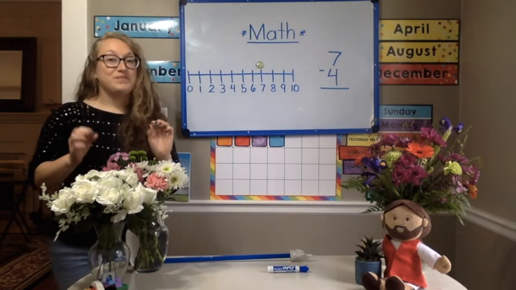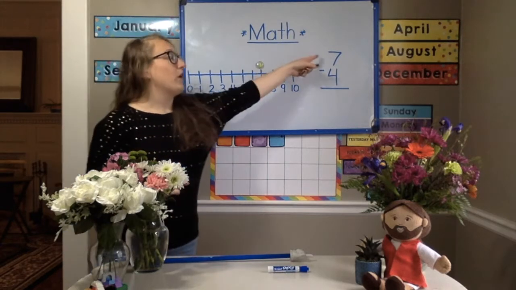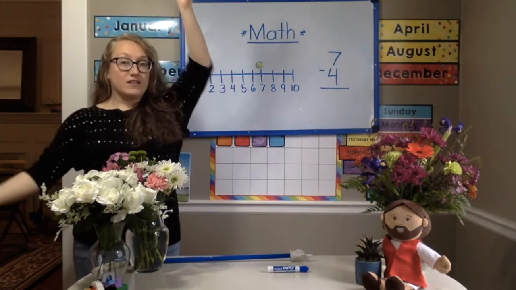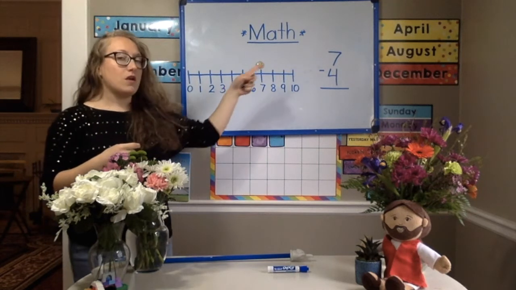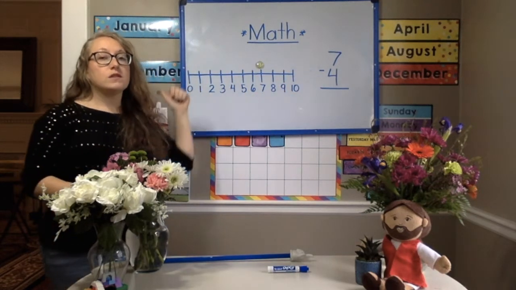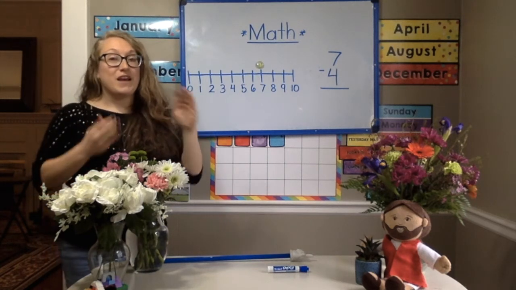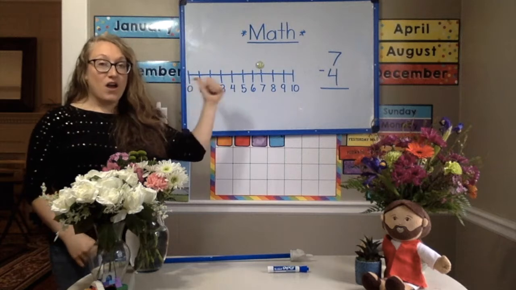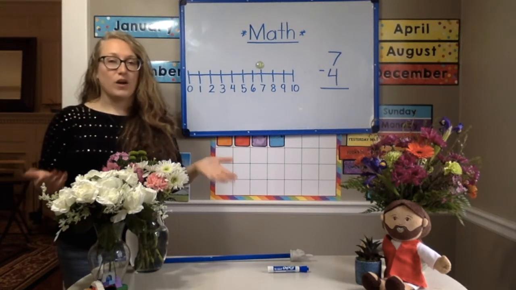Okay, kindergarten. Now, here's the tricky part. If we're taking 7 apart to make small numbers, do I want to hop toward the big numbers or toward the small numbers? If I'm subtracting and I want to make small numbers, I need to go toward the small numbers. So it's just like a game board.